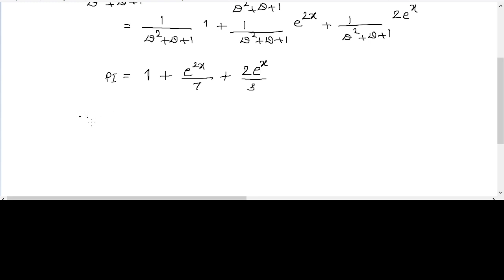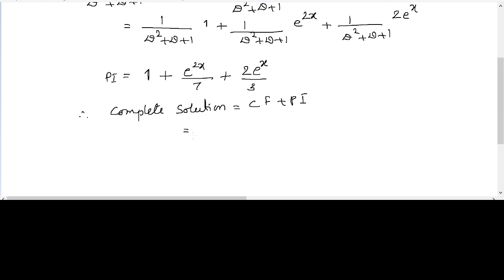So when we finalize the answer, the complete solution is equal to complementary function plus particular integral. So that is, complete solution is CF plus PI. So we need to add them.